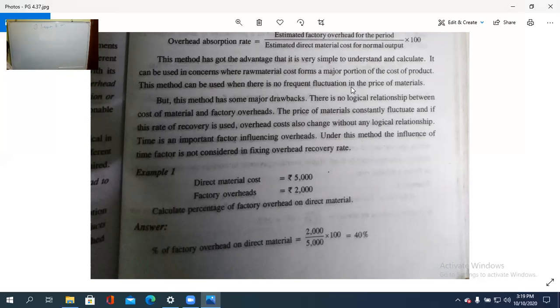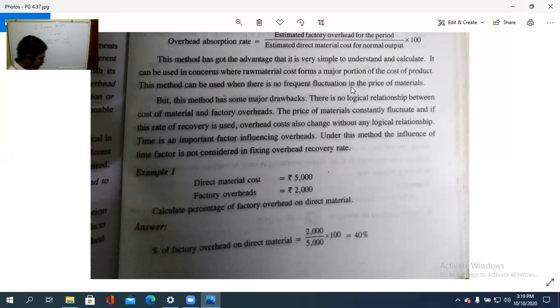So, 2000 divided by 5000 into 100 is 40%. The factory overhead on direct material is 40%.